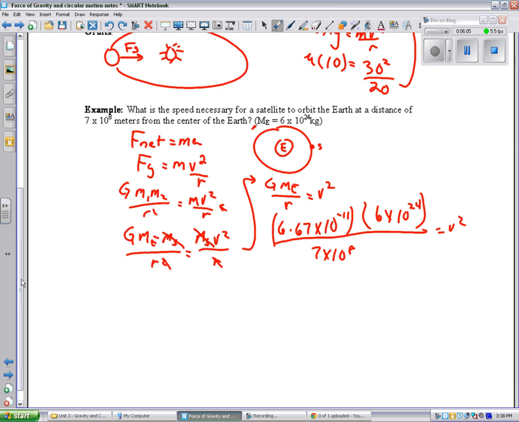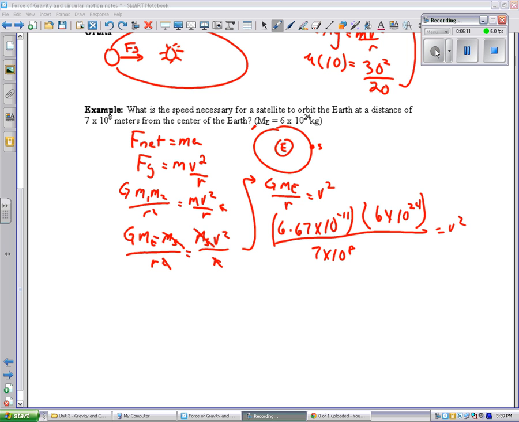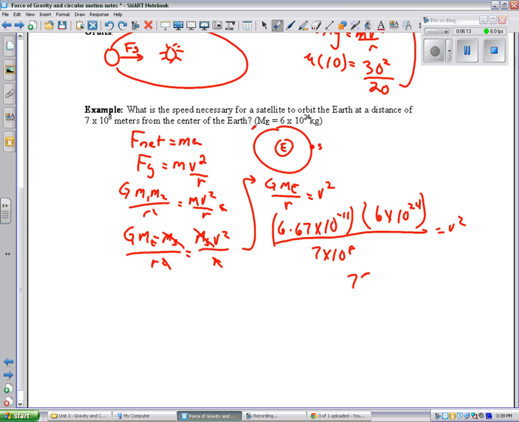Now, finishing this off, I get 756 meters per second is v. So this is actually a useful problem. We can figure out how fast the satellite has to be going in order to orbit the Earth if we know how far up it's going to be.